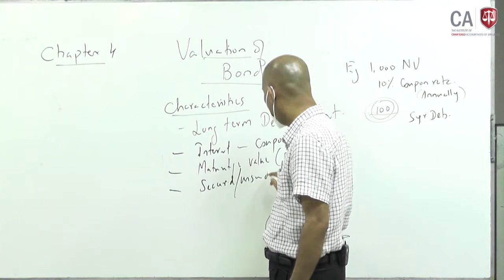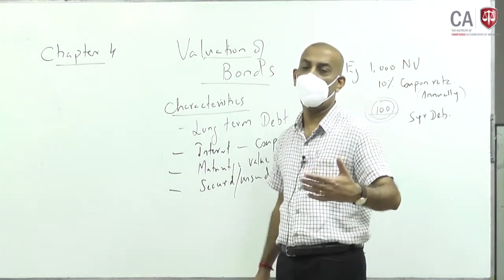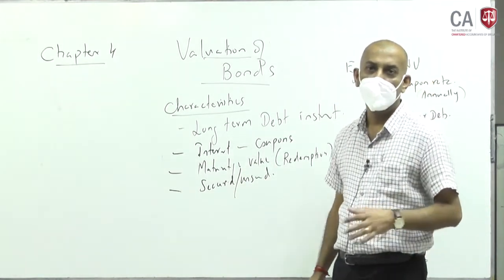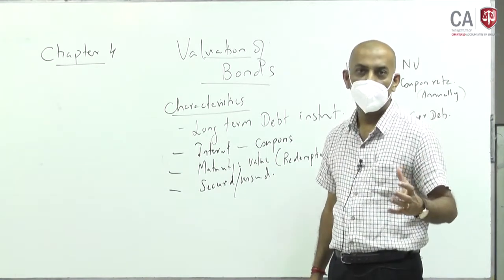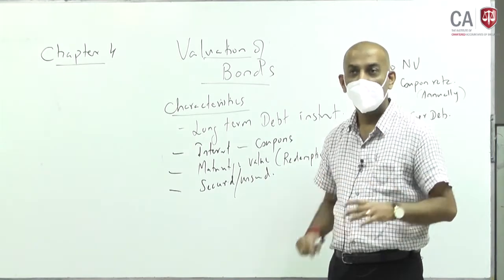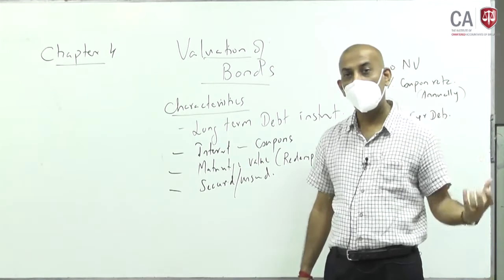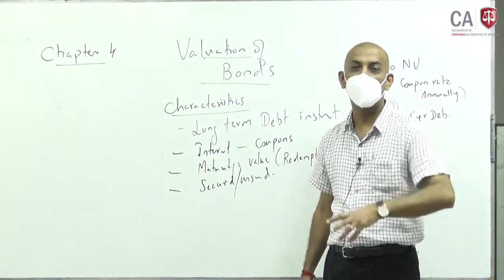Secured and unsecured. What do you mean by that? Any bond when you are issuing, you may call it an unsecured bond or a secured bond. Security means when the investor is investing in that bond, he is not only given an instrument saying debenture or bond, he is given some sort of a security from the assets of the company which are assigned or mortgaged to that instrument.